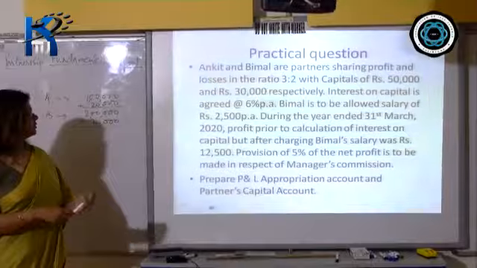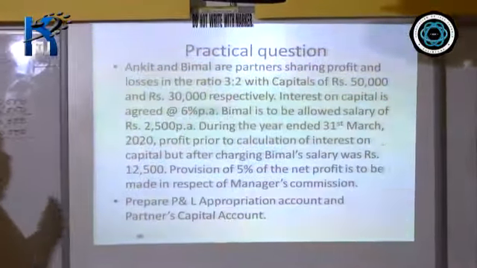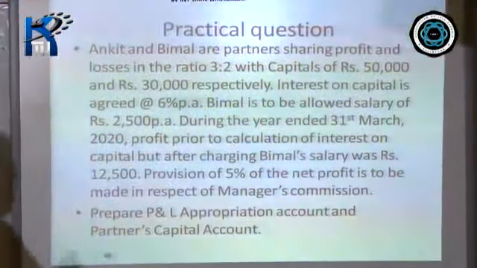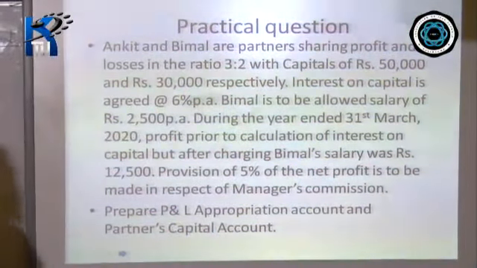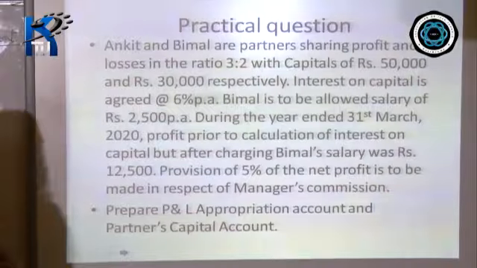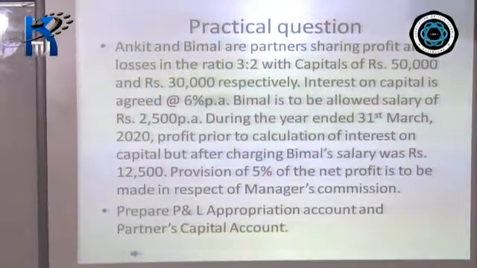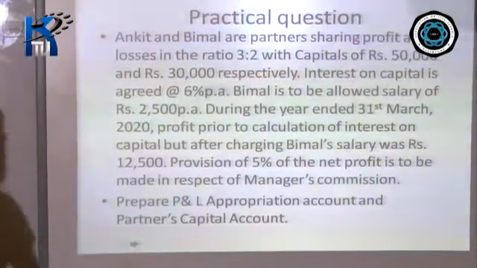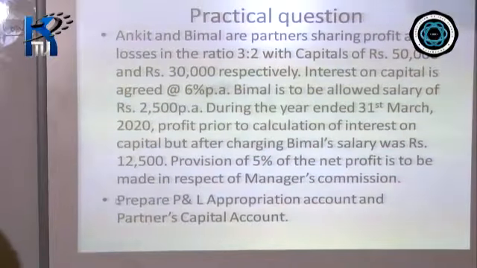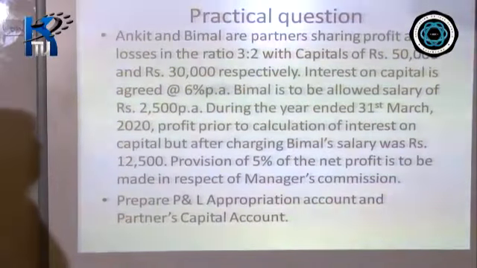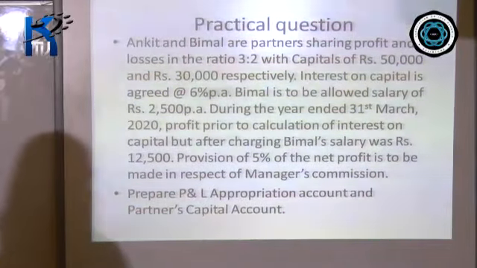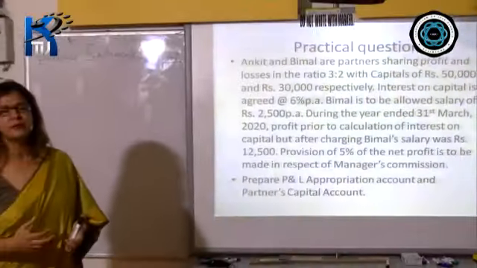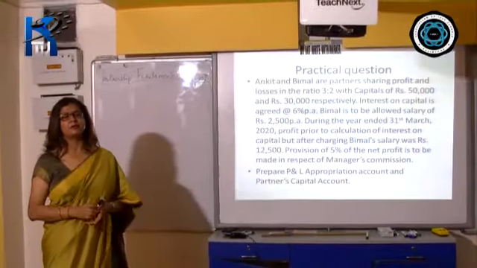Now, just to understand this whole concept of salary, provision, commission, let's take up a small question. The question says, Ankit and Bimal are partners sharing profit and losses in the ratio 3:2. Now children, before we solve the question, it is very important for us to understand how we start with the question.